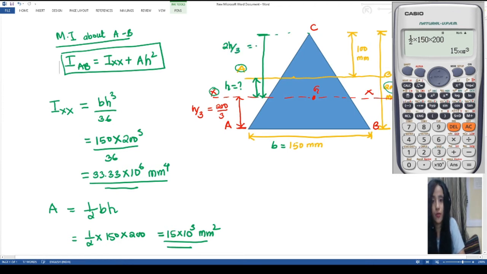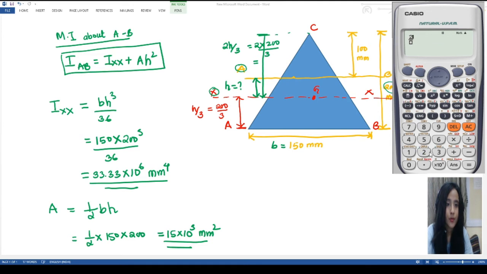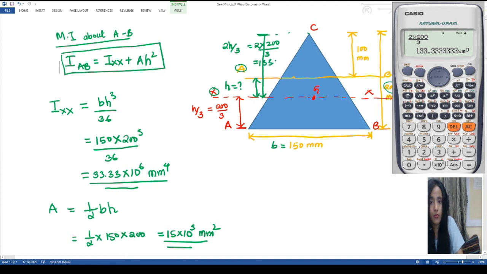So it will be equal to 2 into h, which is 200 divided by 3. Let us solve it in a calculator again, 2 into 200 divided by 3. So this is coming equal to 133.33 mm. So this is my remaining height.